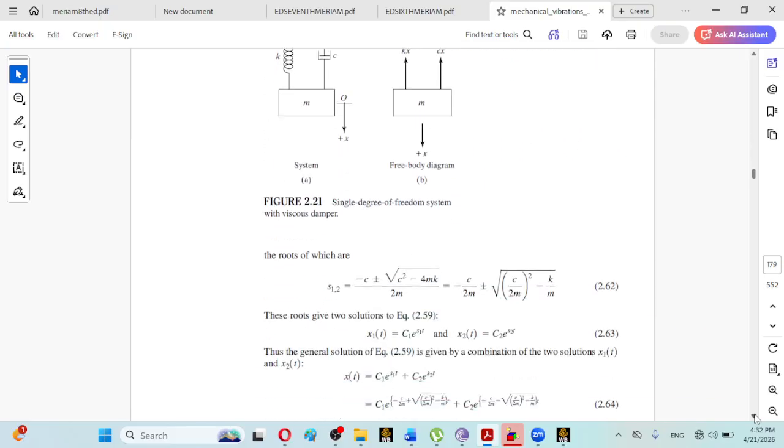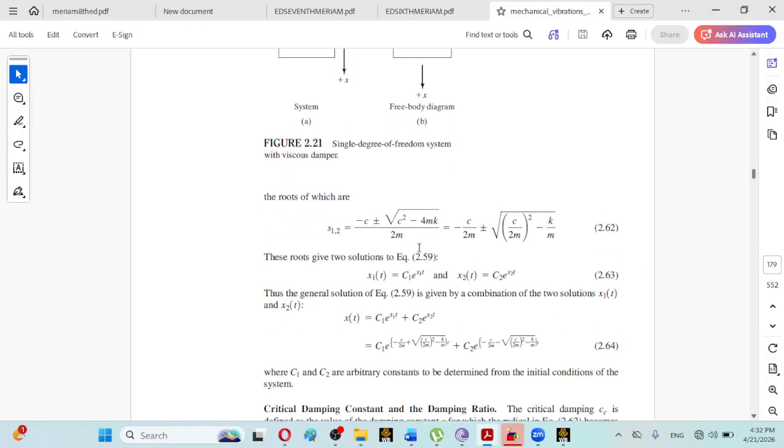Using the quadratic formula, the two roots s1,2 will be minus c plus minus the square root term, divided by 2m, so minus c by 2m plus minus. So equation 2.66 results.